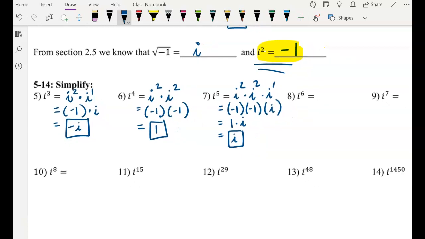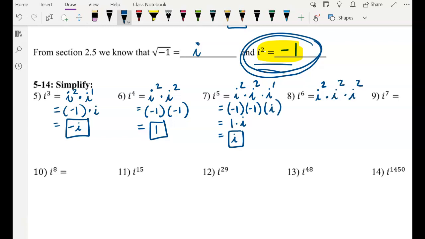Well, let's check out i to the sixth. The goal is, could we possibly break this down into pairs of i's? Because every time you have one pair of i's, that's a negative 1. A pair of i means you have an i squared, okay? So i to the sixth is 3 pairs, right?